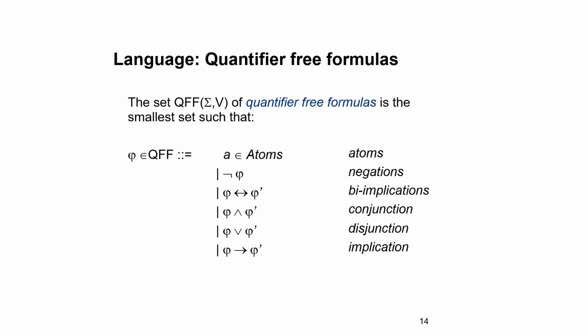We can apply them to these new atoms because our atoms have a Boolean value after the evaluation of the predicates. So we have again negation, bi-implication, conjunction, disjunction, and regular implication. And again, you could just use negation and disjunction to abbreviate all the others. But here they all are.